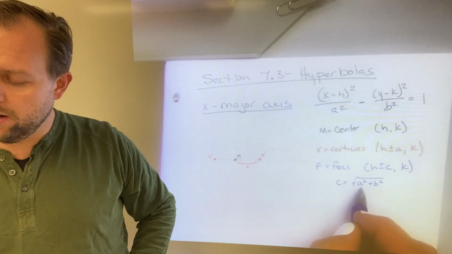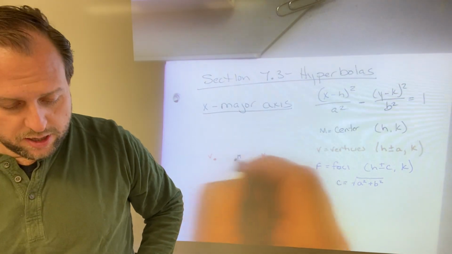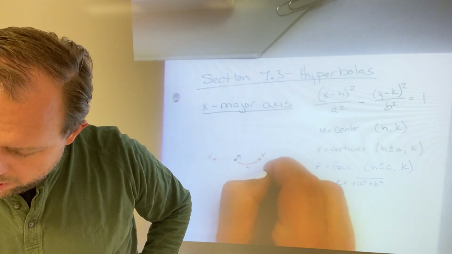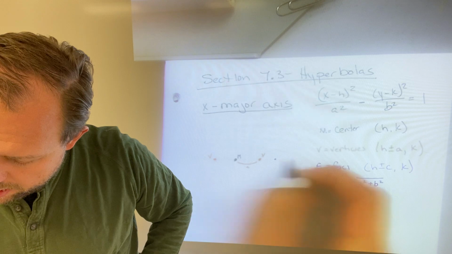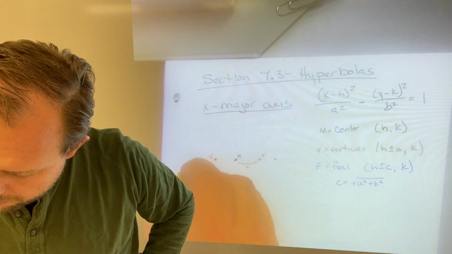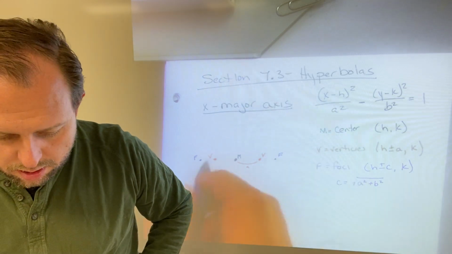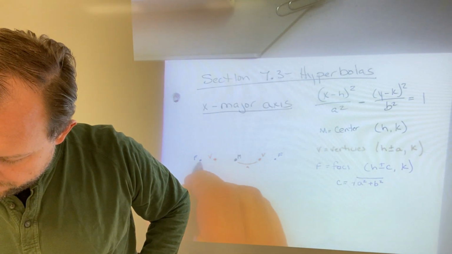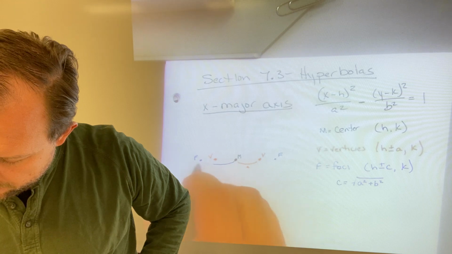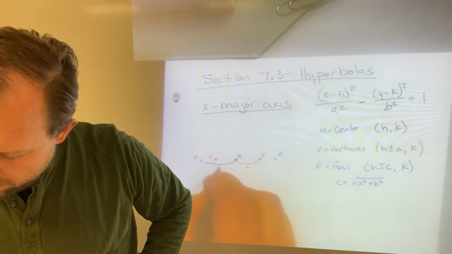Last time it was a squared minus b squared. This then makes our foci be outside the graph. That becomes c.